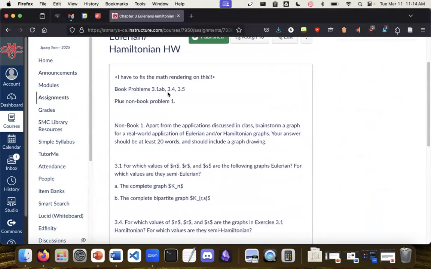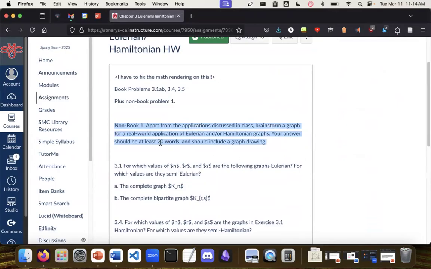There's 4 problems. So I've got the one that I wrote, which I really enjoy, of find some application for this. So maybe go out in the wild and find a graph that turns out to be either Eulerian and or is Hamiltonian.